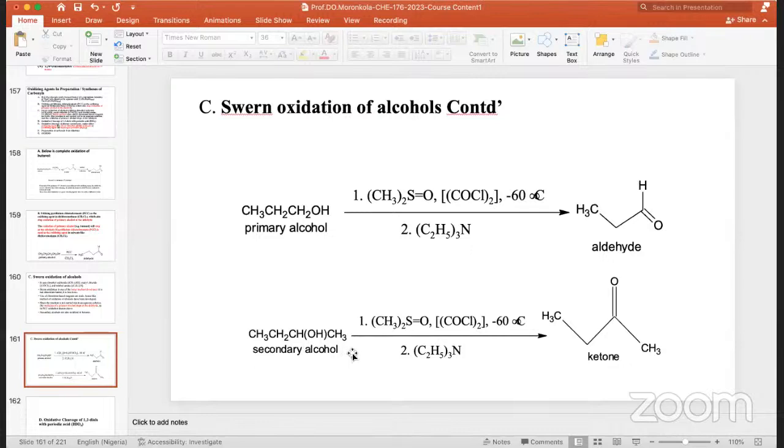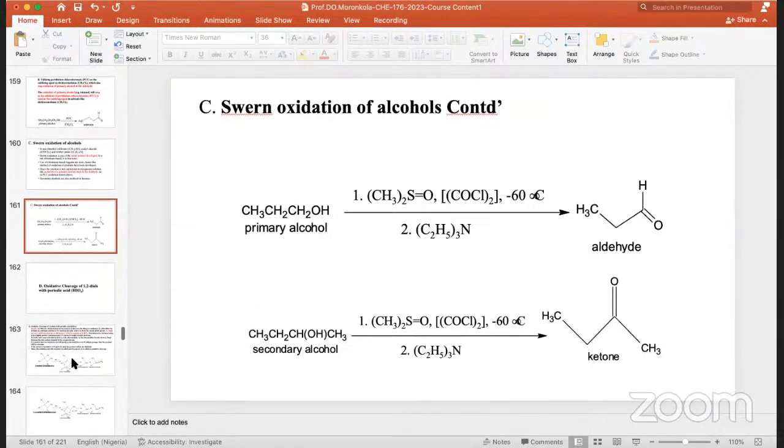Now, still for a secondary alcohol, like we said, the three constituents utilized, the three reagents, the three substances in the Swern oxidative reagent, will still result to give us the ketone. That's the normal thing that you are expecting. But at least the chromium-based compound that is more toxic is not handled here. So we have that.